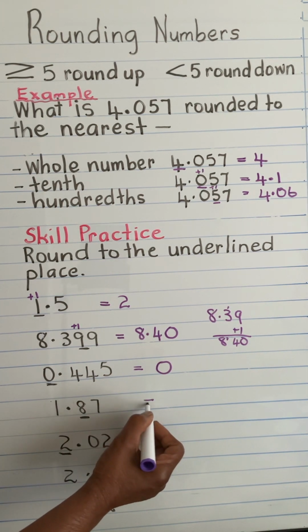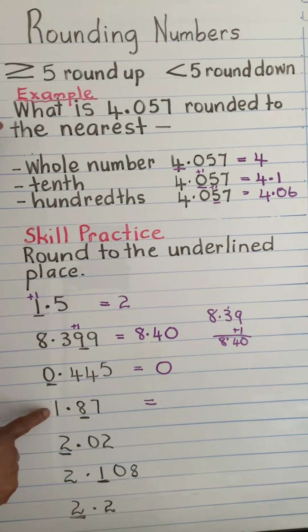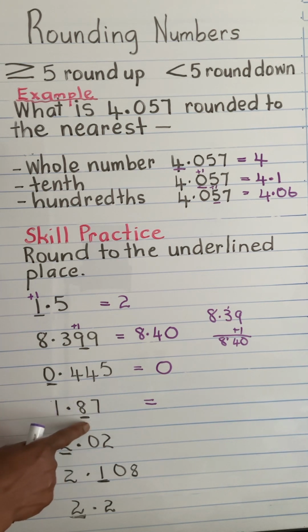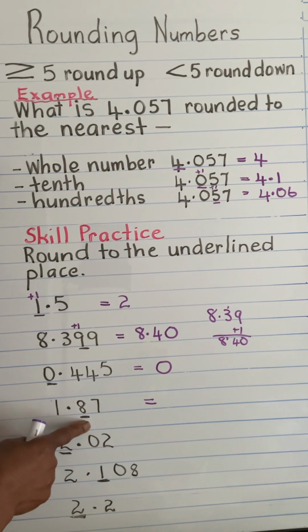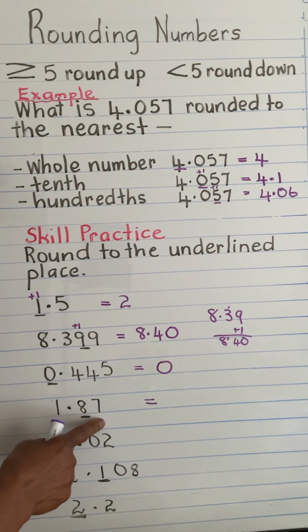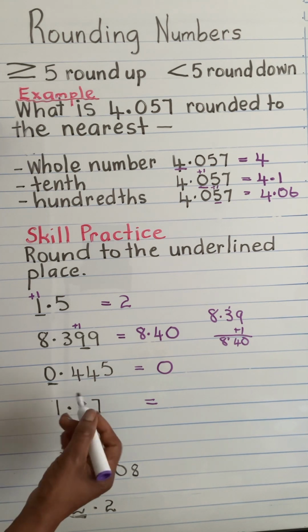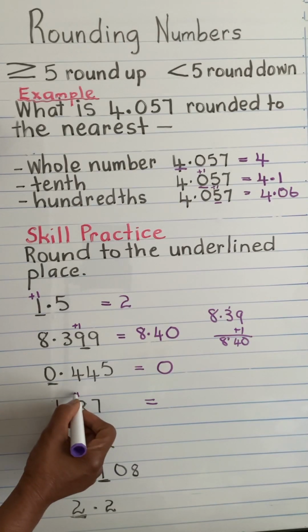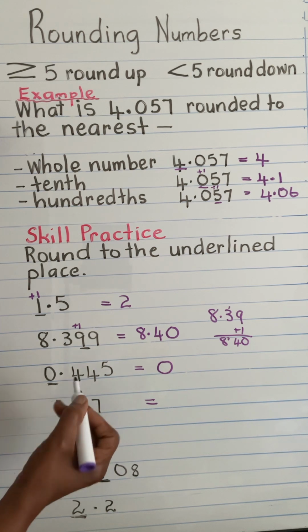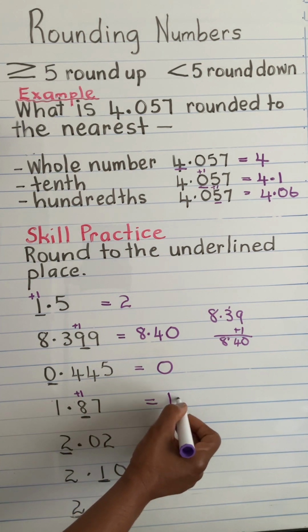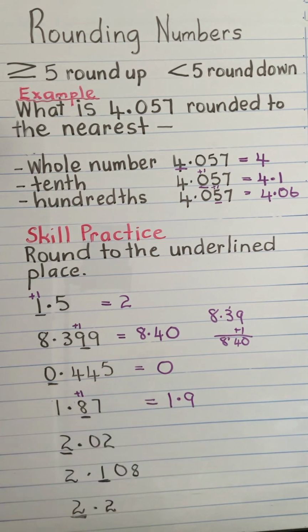Next, 1.87 to the nearest tenth. The number to the right of the rounding number is more than 5, so we're going to add 1 to the rounding number, plus 1, so that is equal to 1.9.